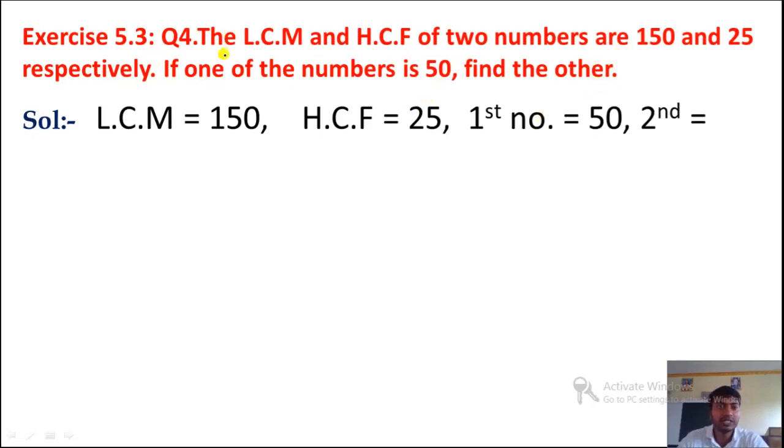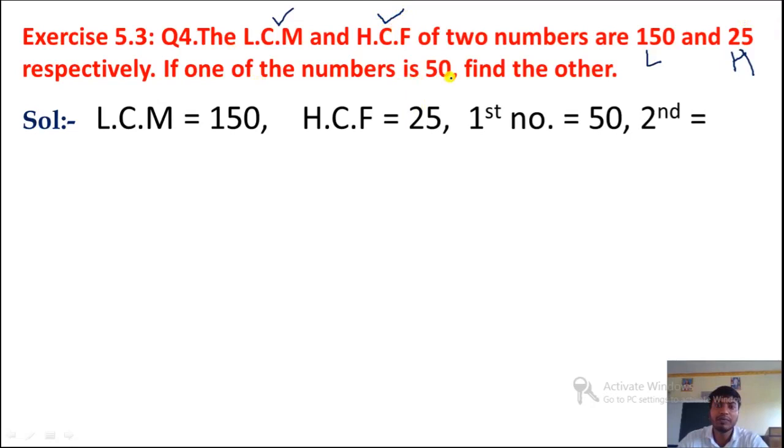So what is given here? The LCM and HCF of two numbers are, that means this 150 is the LCM here, and 25 is the HCF here, like that only written. The LCM is written first, that's why we are taking LCM first. HCF is written second, that's why we are taking 25 second respectively.